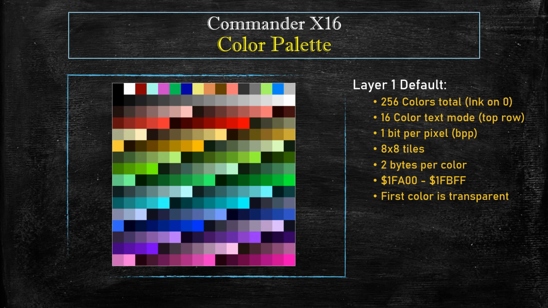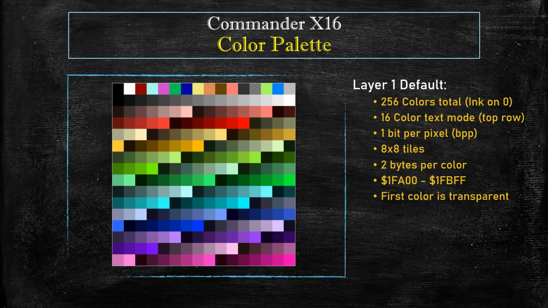But first of all, let's take a look at the image on the left here, which shows what the default 256 color palette is in the Commander X16 computer. And these colors can actually be reprogrammed to whatever shades of whatever colors you want. These are just the default ones that happen to be programmed in the computer to begin with, but you can change them if you like.